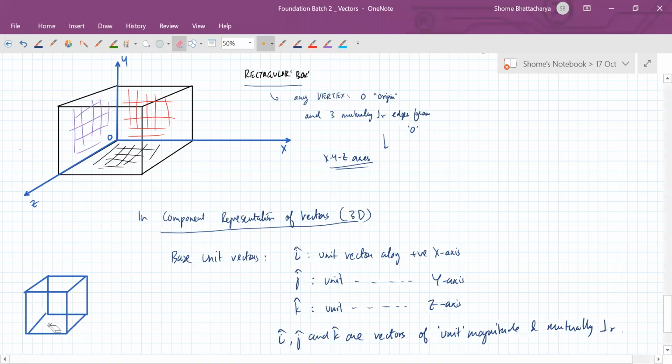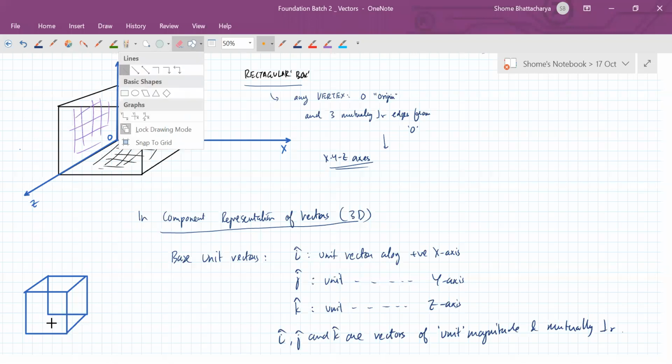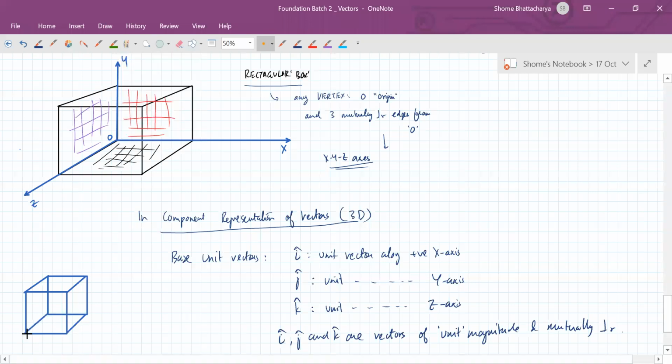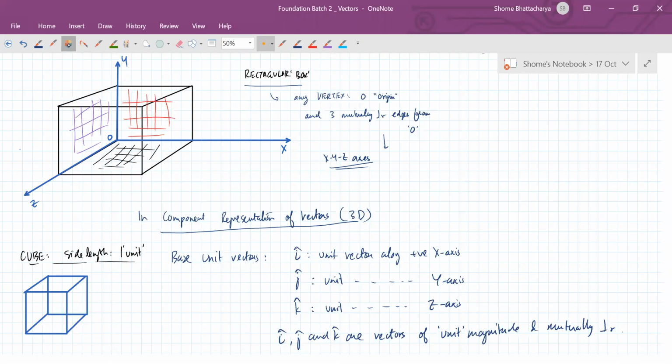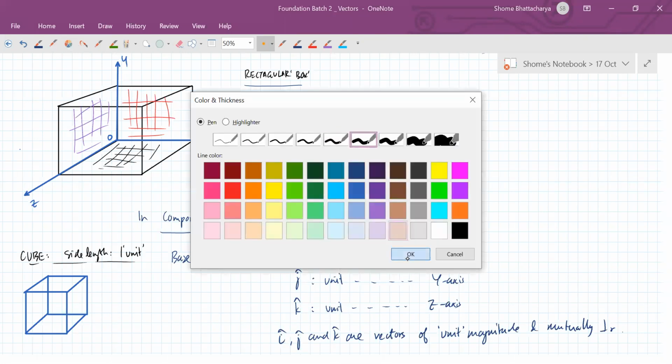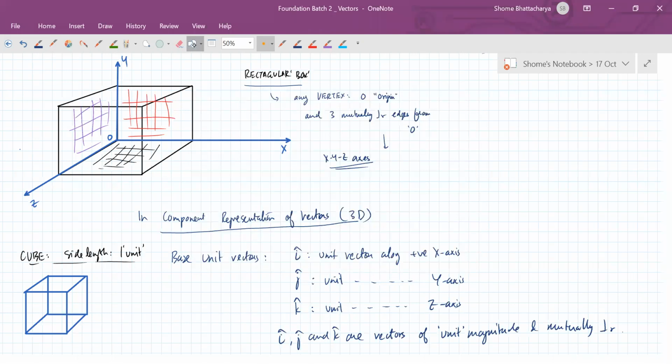So if we visualize a perfect cube like this, of side length 1 unit, then each of these sides becomes our i cap, j cap and k cap respectively.